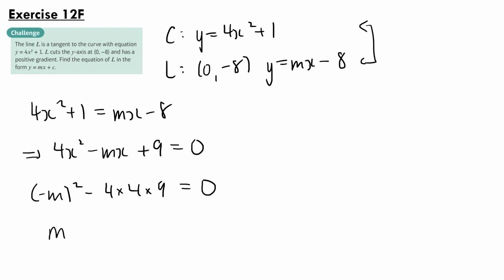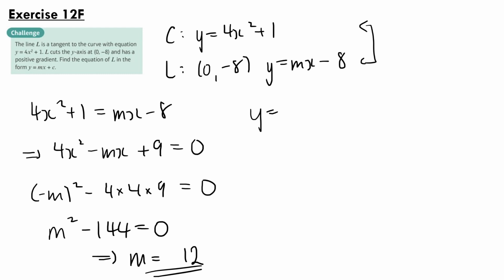So we have m squared minus 4 times 4 times 9, which is 144, is equal to 0. So we have that m equals plus or minus 12. And we're told in the question that L has a positive gradient, so we know that m equals positive 12. Okay, therefore we have the equation of the line y equals mx plus c as y equals 12x minus 8.